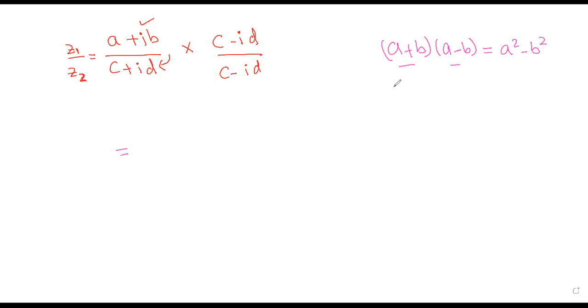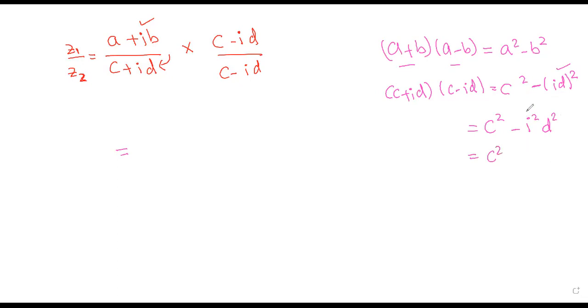So c plus iota d into c minus iota d, can I not just write c square minus iota d whole square? I can certainly write it this way, right? Right, Ahmed? c square minus this square, and this basically is c square minus iota square d square.